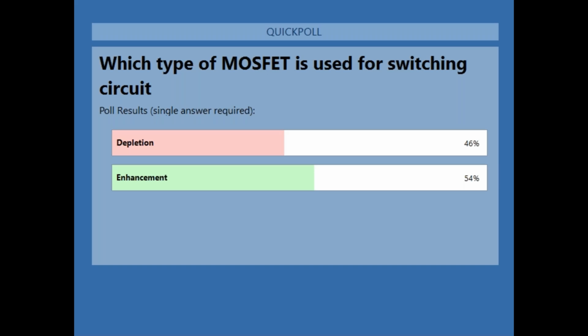What we require is that whenever input is given, the device should turn on like a normal switch, which is used in your home. So it is related to the enhancement type MOSFET. Enhancement means whenever input is given, the current enhances, current increases, or current flows. So that is the enhancement type of MOSFET. Please clear your concept.